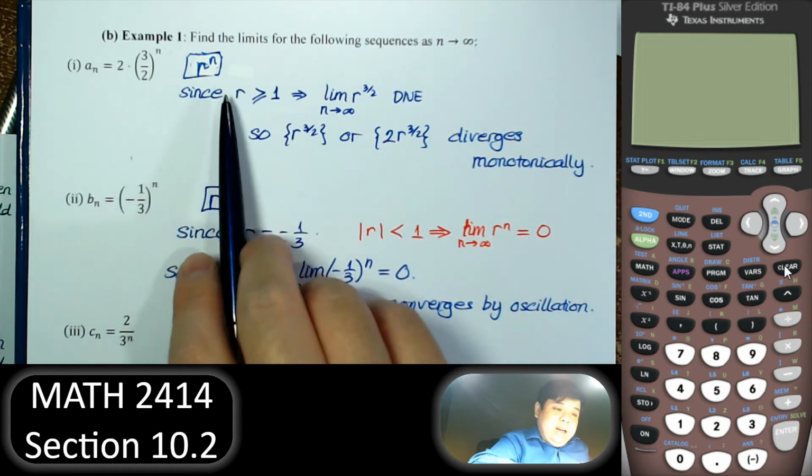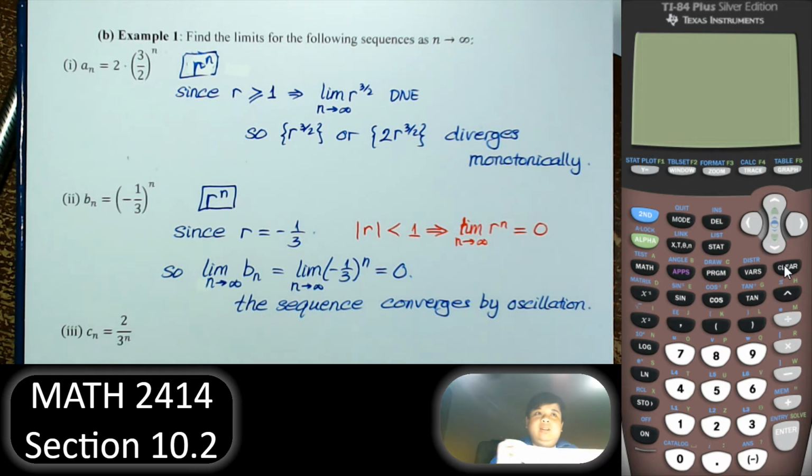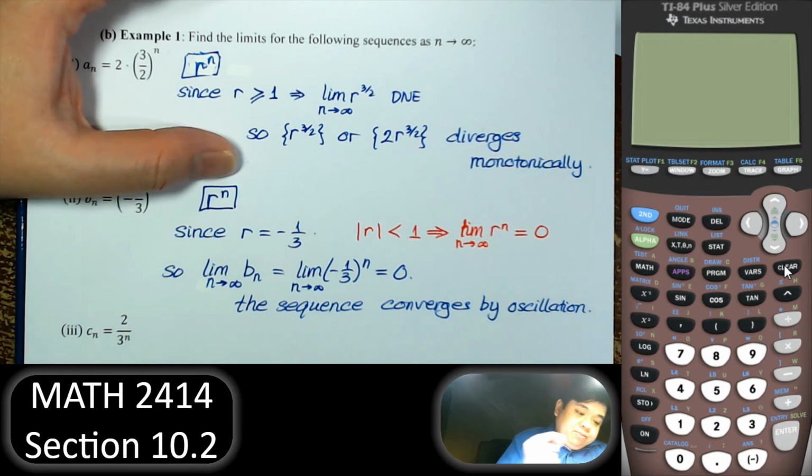So if it's positive, monotonically; if it's negative, oscillation. Of course, like I said, we don't consider equal to 0, because 0 is just a constant.